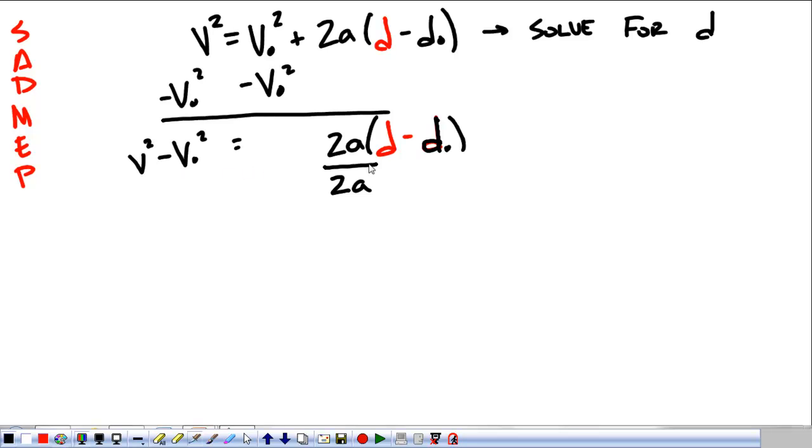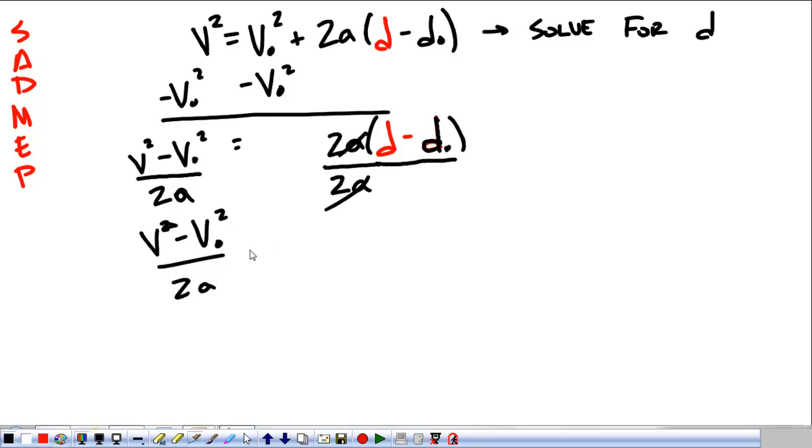But if I divide one whole side by 2a, I have to divide the whole other side by 2a. So these cross out. Now that term's no longer over here, and I've got v squared minus v0 squared over 2a is equal to d minus d0.